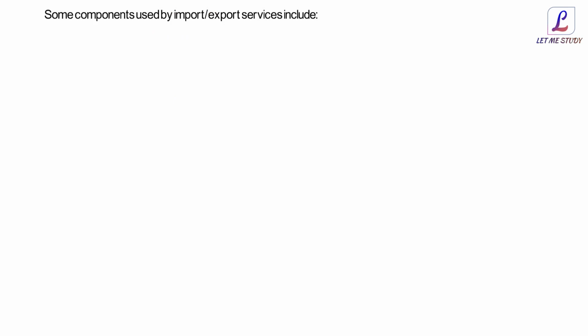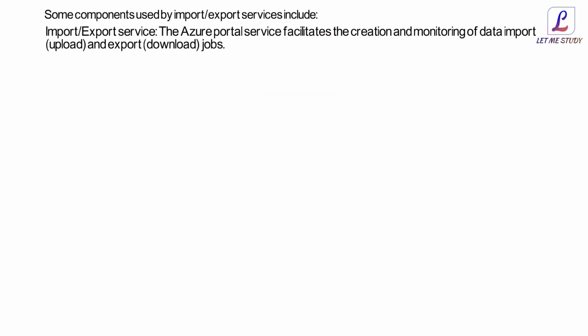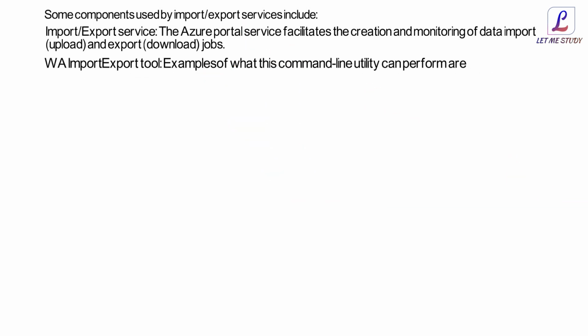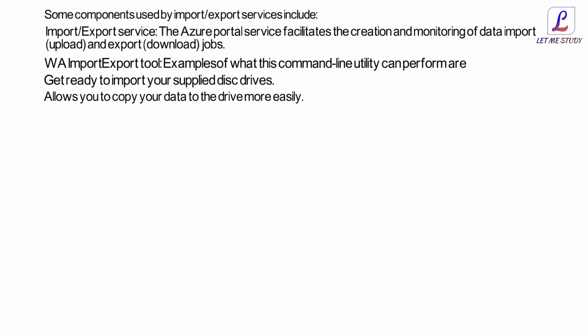Some components used by the Import/Export service include the Import/Export service itself. The Azure portal service facilitates the creation and monitoring of data import upload and export download jobs. The WAImportExport tool is a command line utility. Examples of what it can perform are: get ready to import your supplied disk drives, and allows you to copy your data to the drive more easily.